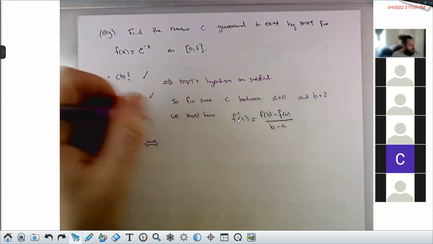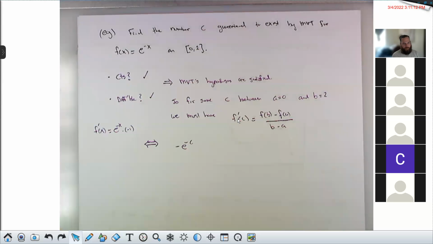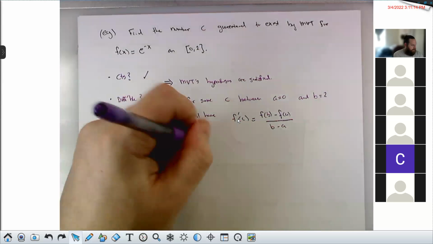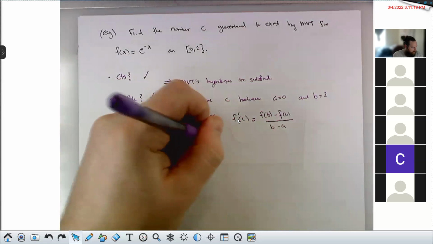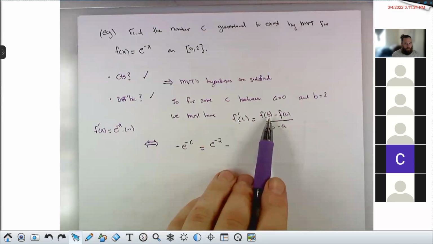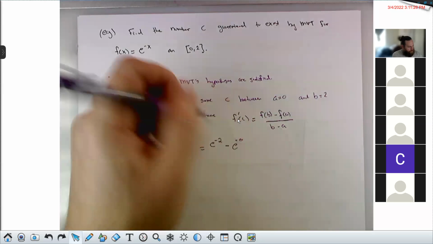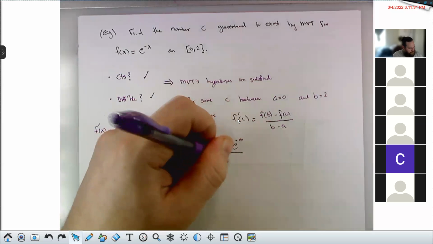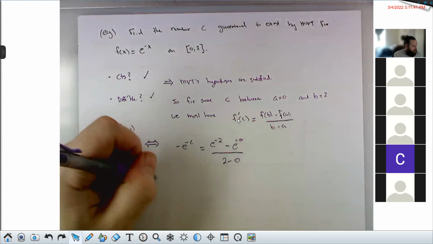So f prime of c would be negative e to the negative c. f of b, well, b is 2, so that's e to the negative 2, minus, right, just regular f here, not f prime, minus f of a, that's e to the negative 0, divided by 2 minus 0. So we get negative e to the negative c equals e to the negative 2 minus e to the negative 0 over 2 minus 0.